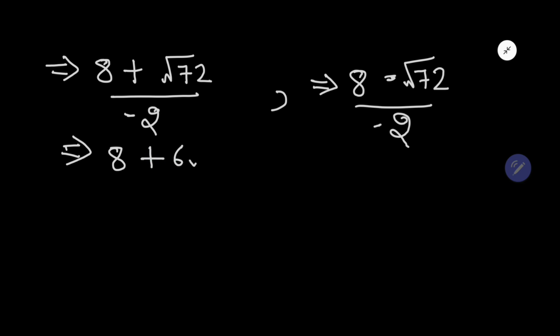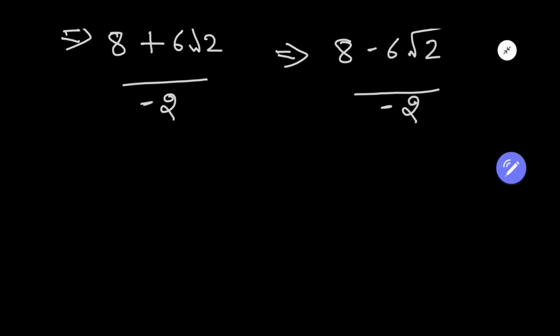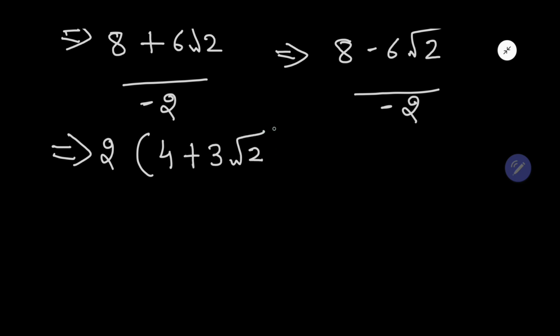So this is equal to 8 plus 6 under root 2 upon minus 2, and here also 8 minus 6 under root 2 upon minus 2. So if we take 2 common from the numerator, it is 4 plus 3 under root 2 upon minus 2.